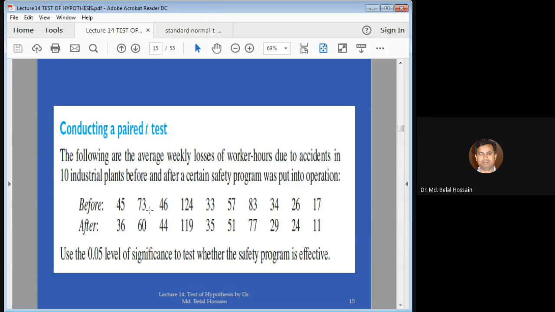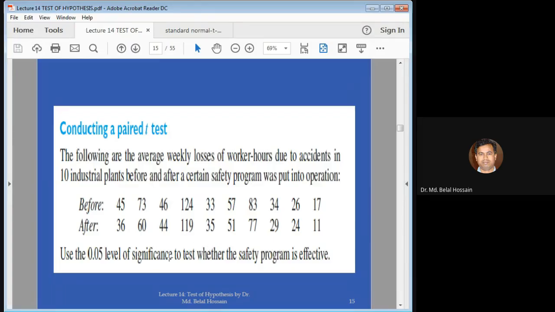There are 10 values here for xi, and 10 after values for yi. Then use the 0.05 level of significance to test whether the safety program is effective. So what is the null hypothesis? The null hypothesis is that mu d equals 0, that is, the differences of these two values, before and after, are 0. What is the alternative hypothesis?